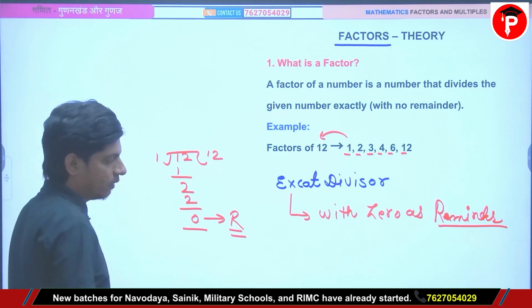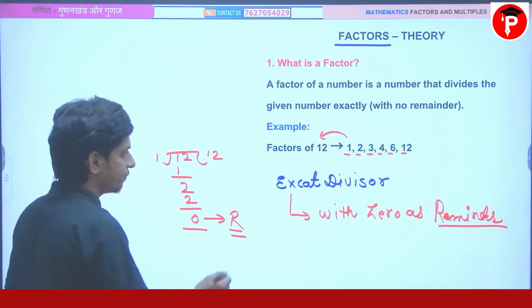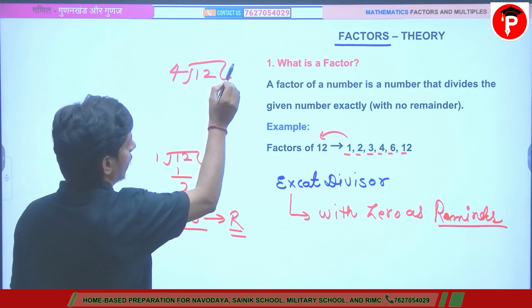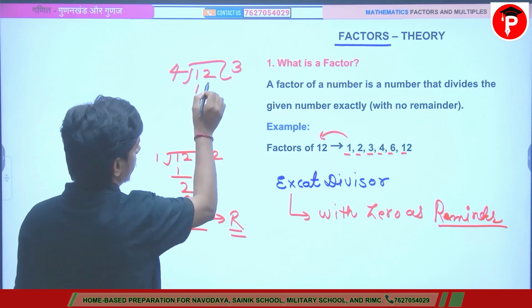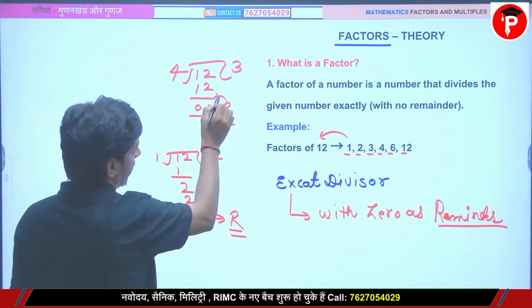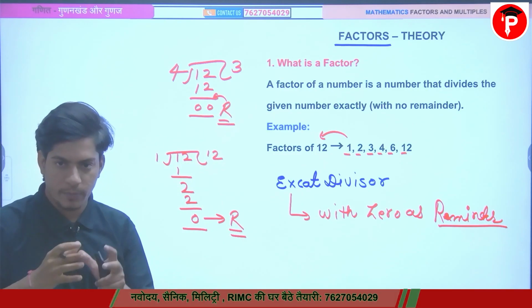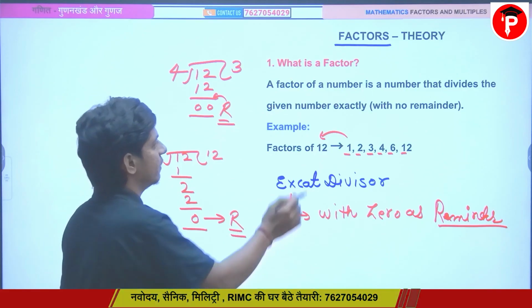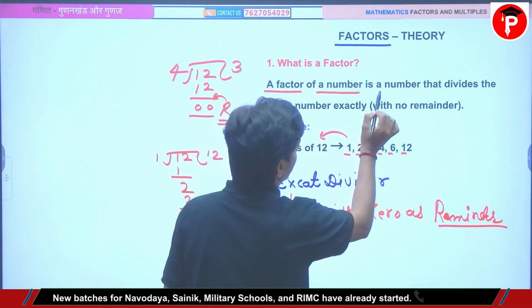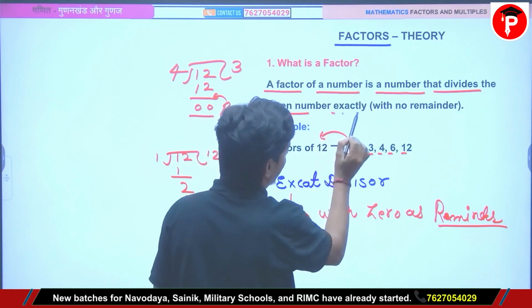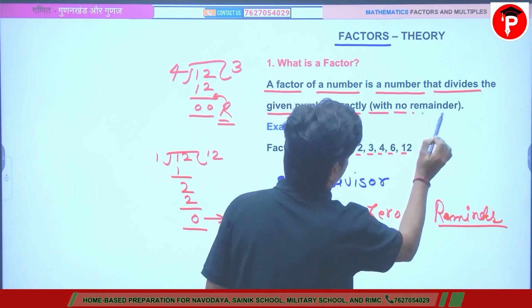Likewise, if we divide 12 by 4, we get 3 as quotient and 0 as remainder. 0 remainder means the number is an exact divisor. Definition: a factor of a number is a number that divides the given number exactly with no remainder.